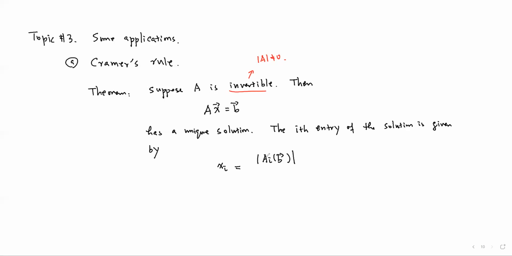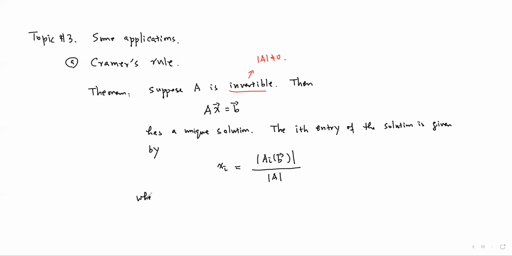Determinant of A_i(B) over determinant of A, because determinant of A is non-zero. Yeah, this number can appear in the denominator. Okay. All right, now let me explain what is A_i(B).